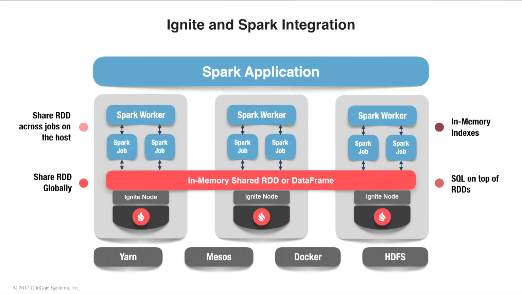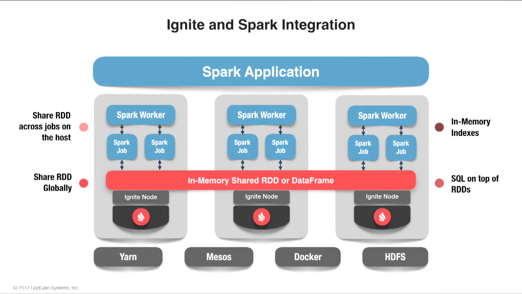And even more, on top of this, as you know, Spark native RDDs are immutable, meaning that once you get an RDD, you will not be able to reuse it among Spark workers, like over here. And you have to recreate an RDD all the time if data is being updated. But with Ignite shared RDDs, an RDD will be shared across all Spark workers you have.